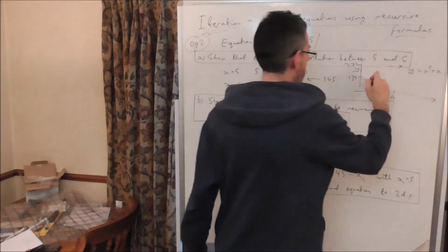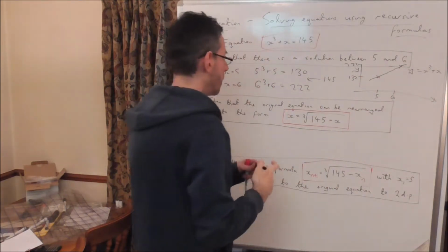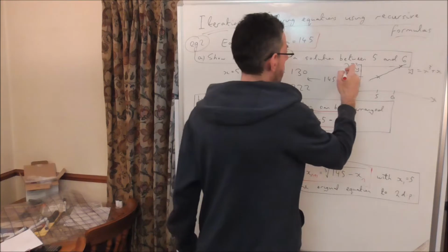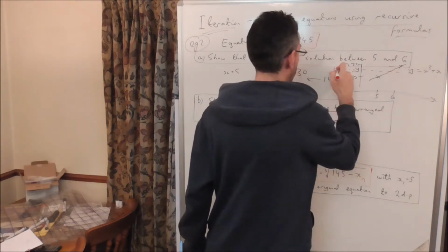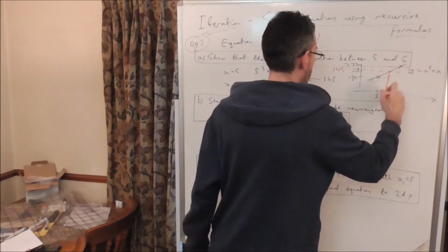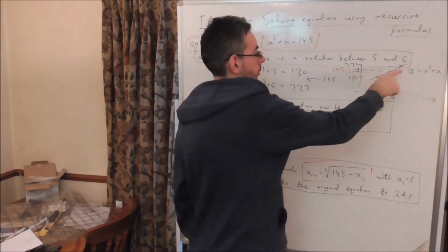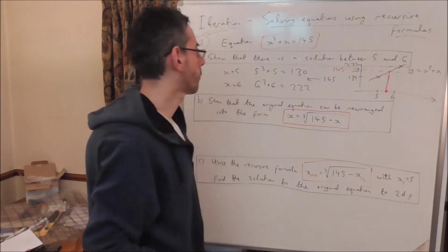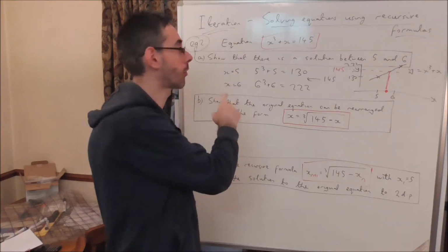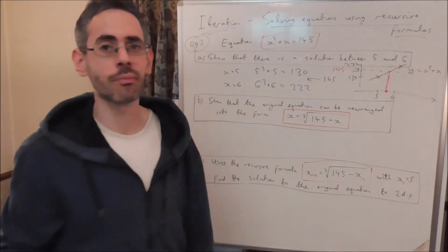And the graph would do something like this, those points would be connected. So there must be a point in between where the height is 145. And this x value here would give you the answer 145 when you put it into this expression. So there must be a number between 5 and 6 that's a solution of this equation.